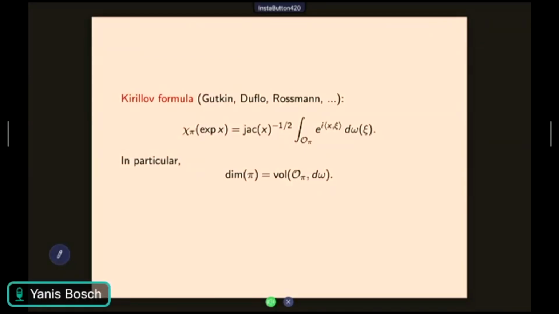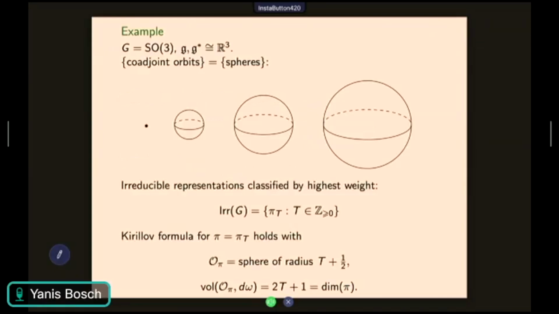So that's one example of what pins down this heuristic bijection. And to give a concrete setting in which it's known to hold, take the group SO(3), where you can think of both its Lie algebra and the dual as free space with the natural rotation action. Then the coadjoint orbits turn out to be the spheres. So there's the degenerate sphere of radius 0, and then all the other spheres pictured here.